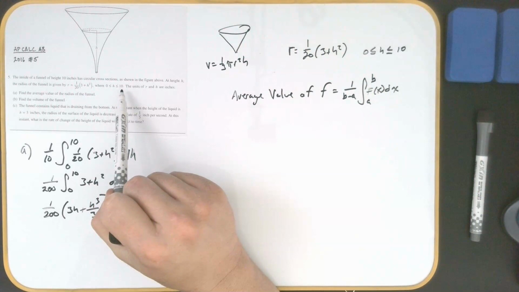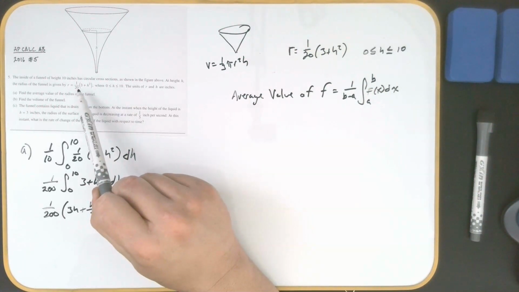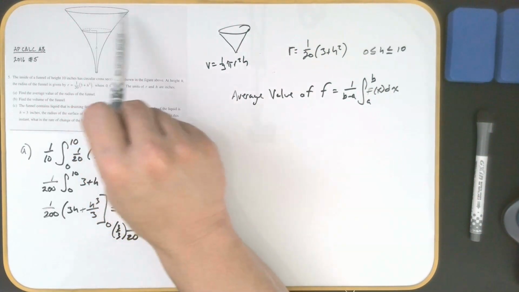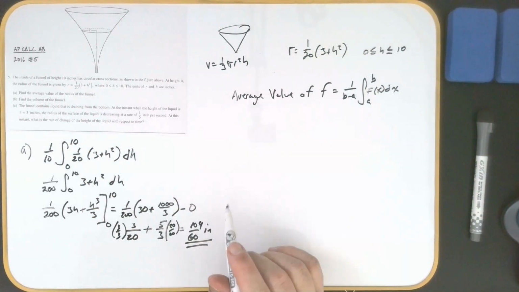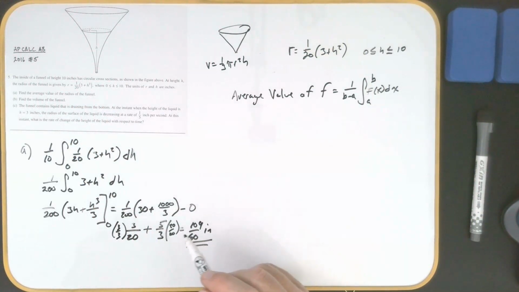And when h is 10, that's going to be 100 plus 3, so 103 over 20 would be the radius there. So 103 over 20 is a little more than 5. So the radius is, on the average, about 1.5. At its maximum, a little more than 5. At its smallest, it's 3/20. So that seems reasonable.